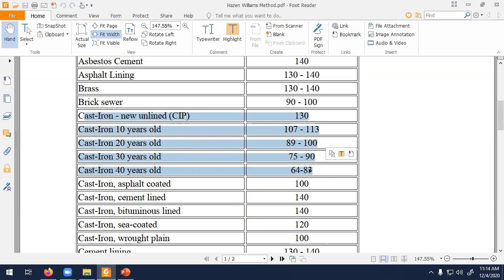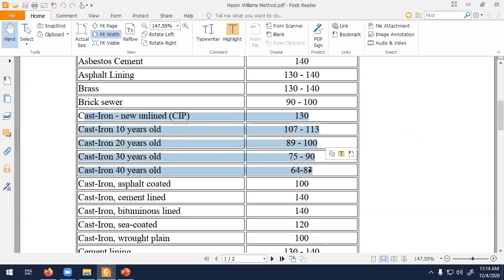So large Hazen-Williams coefficient, small friction loss. Sorry, yeah, that's correct. Small friction loss. Large Hazen-Williams equation coefficient, small friction loss.